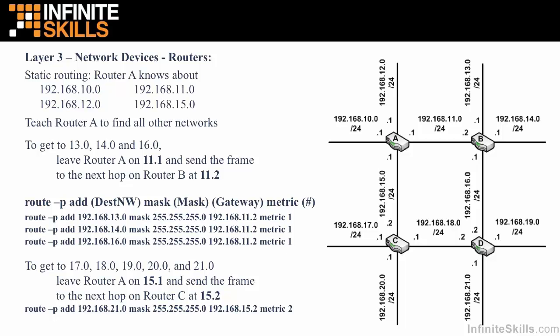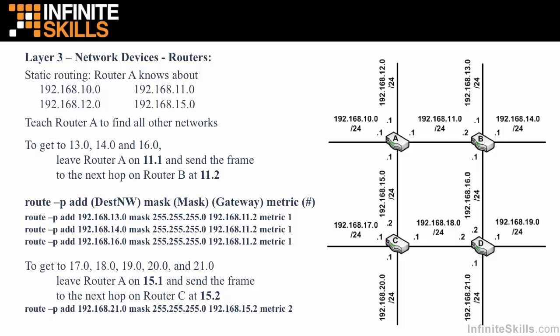So router A knows about those four networks because it has those .1 interfaces on each of those IP subnets. However, router A doesn't know anything about the 13.0, 14.0, 16.0, 17, 18, 19, 20, 21.0 networks that are attached to other routers B, C, and D.